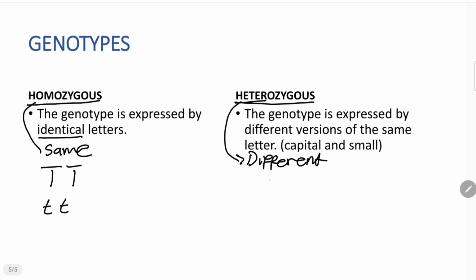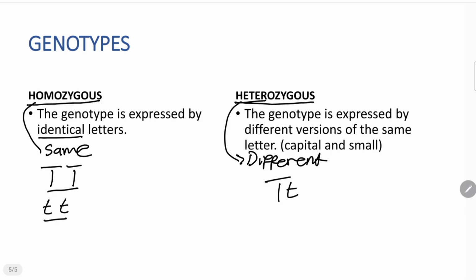What about heterozygous? Heterozygous is going to be capital letter T, small letter t. These are different versions of the same letter, so we say it is heterozygous. When they are the same, capital T capital T, they are homozygous.